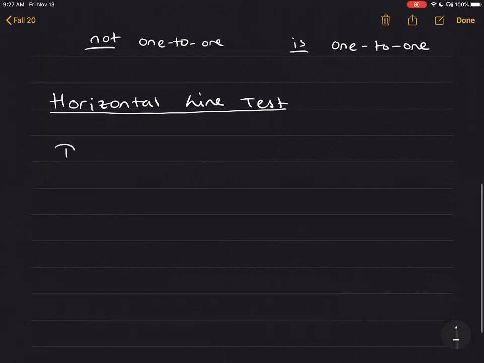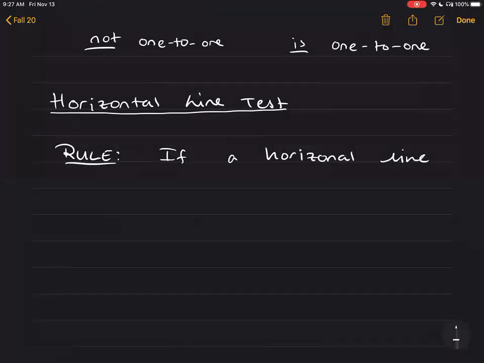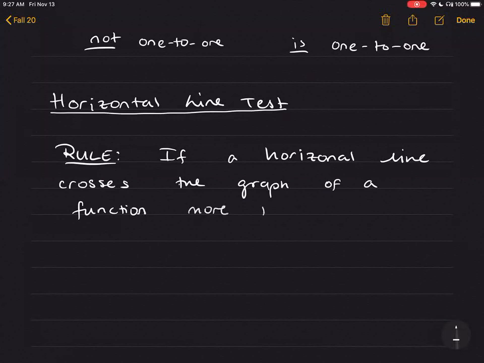Okay, so the rule is as follows. If a horizontal line crosses the graph of a function more than once, that function is not one-to-one.